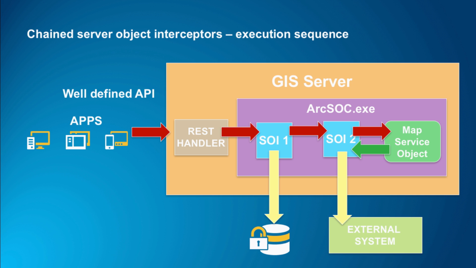The idea of repeating is important because if, for example, your SOI 1 was a security SOI that did something pertaining to security, you don't want a downstream SOI to alter that.